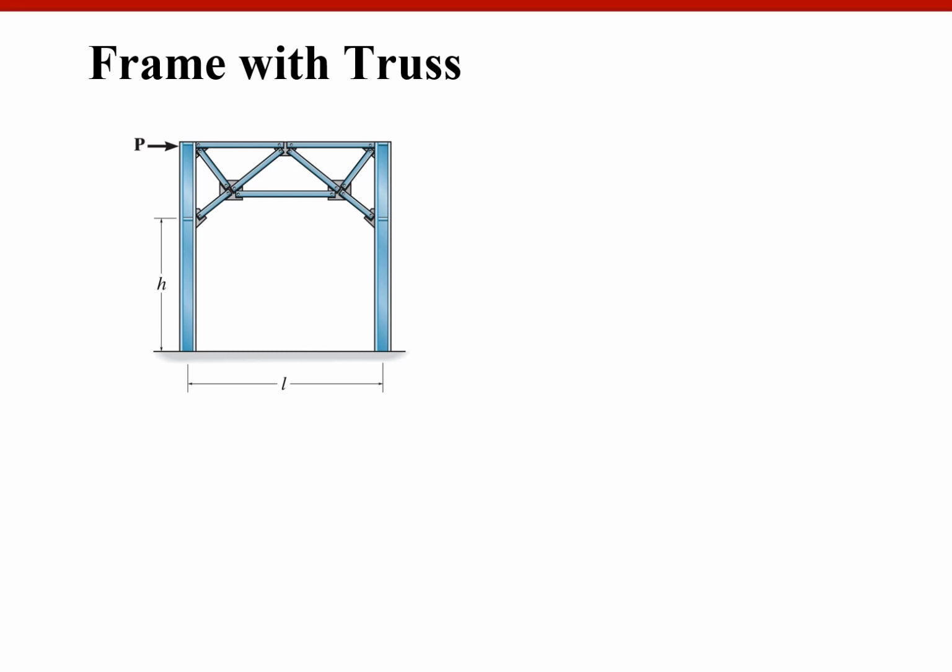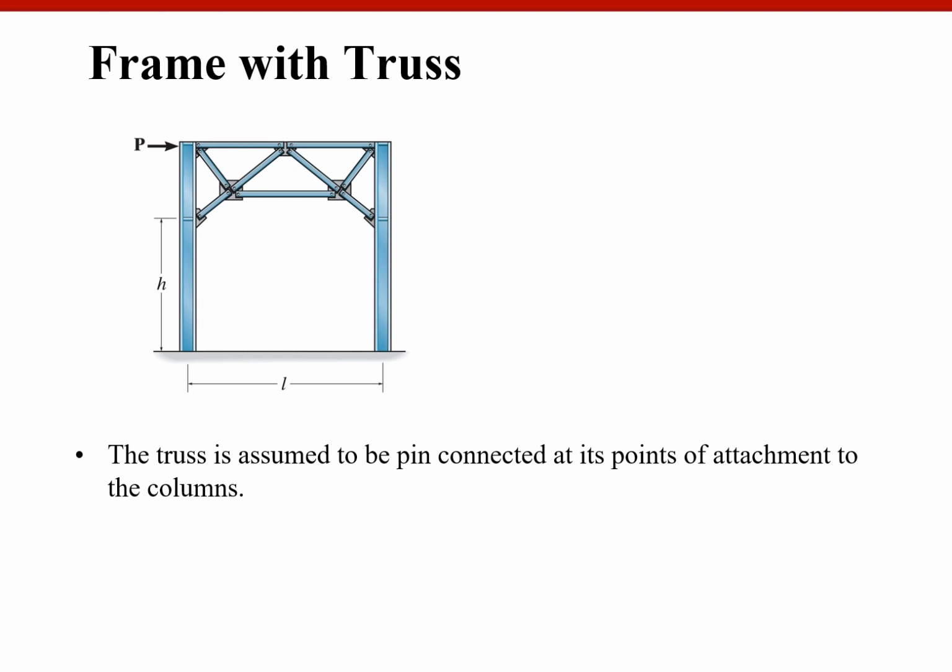Now, frame with a truss. At times, a combination of frame and truss is used for economical purposes. In that case, most important thing, in addition to the content of the textbook, is that you need to be able to see the entire truss as a rigid body.